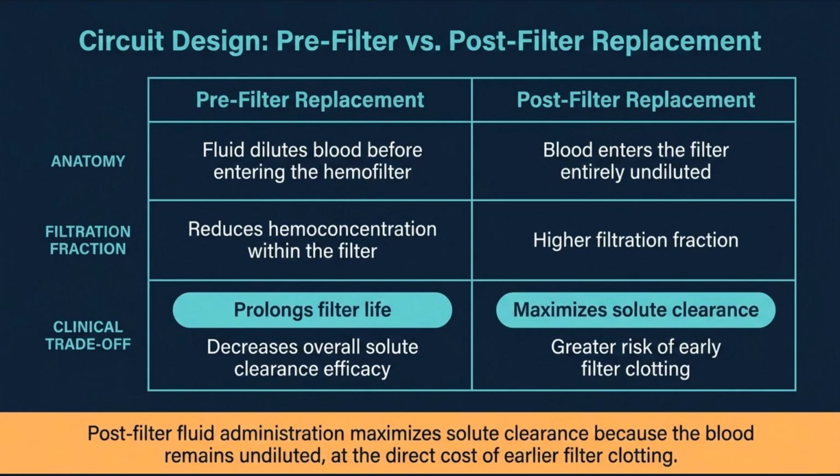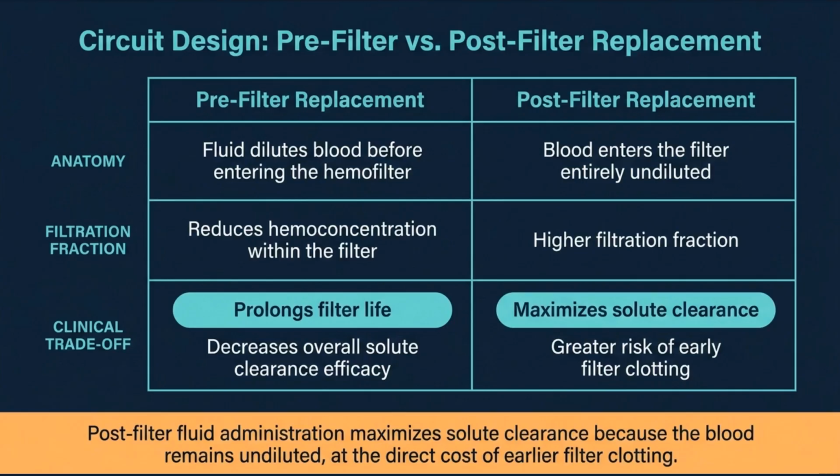In convective modalities like CVVH, replacement fluid must be administered to compensate for the massive ultrafiltration volume. This fluid can be delivered either pre-filter or post-filter. Pre-filter replacement fluid dilutes the blood before it enters the hemofilter. This reduces hemoconcentration within the filter, lowering the filtration fraction and significantly prolonging filter life.